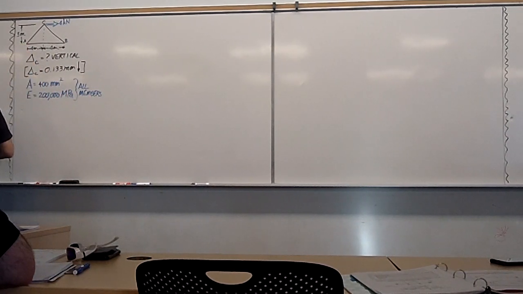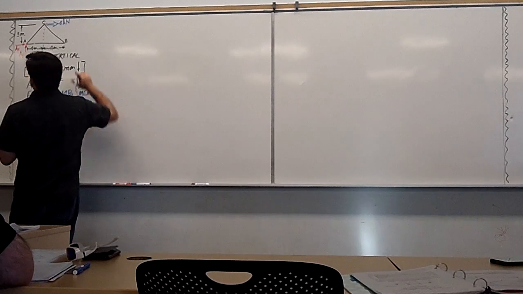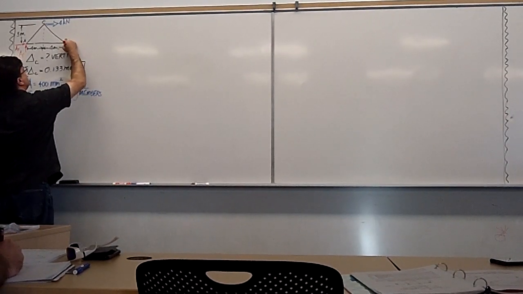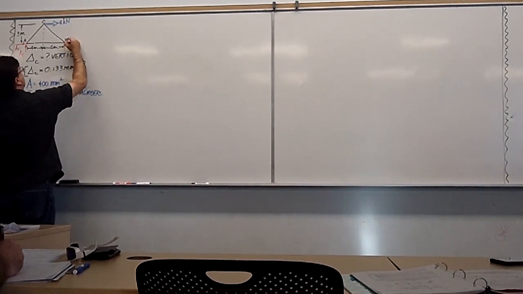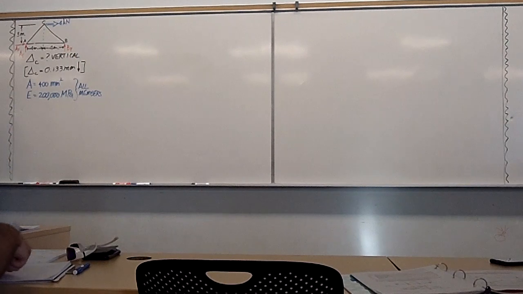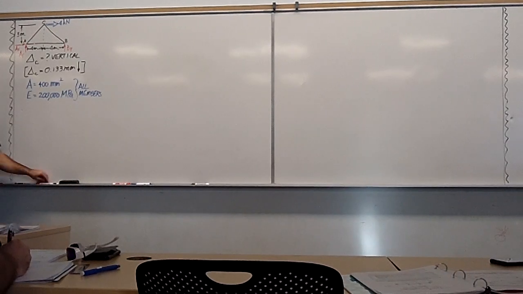Based on this sketch, A is a hinge, so it comes with a Y reaction and an AX reaction. And B is a roller, so it comes with a single reaction which is perpendicular to the surface it's sitting on. So BY is like that. Does that look about right? Look okay?